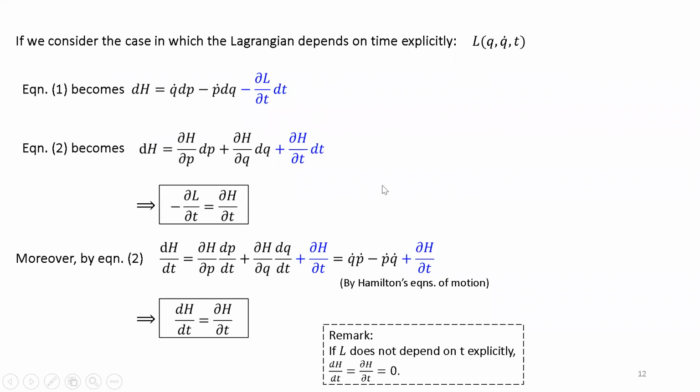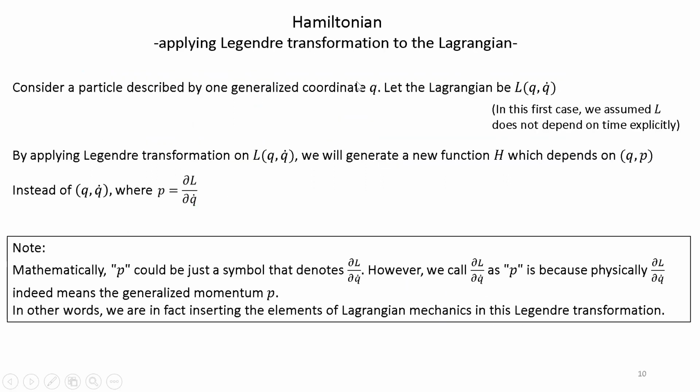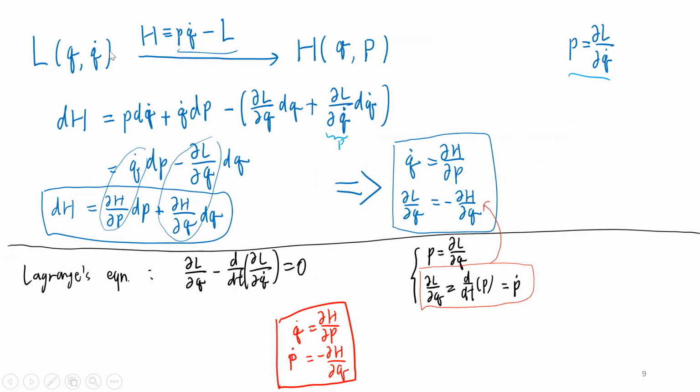So one more thing here is that if I have a case where the Lagrangian depends on time explicitly, remember in the example that I just gave you, L is just q and q dot.